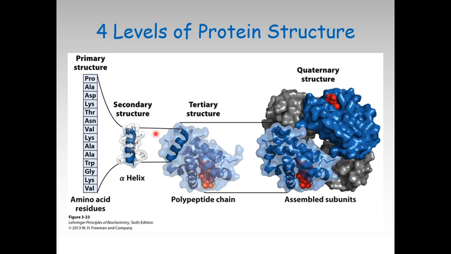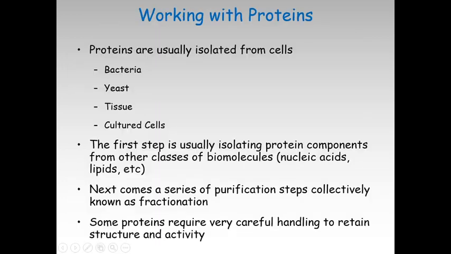And when you combine all the secondary structural elements together, you get a tertiary structure or a polypeptide chain. And this is when a protein takes shape. Now, a quaternary structure is when a single protein dimerizes or trimerizes or tetramerizes and forms various different subunits. And this is called the quaternary structure of a protein.